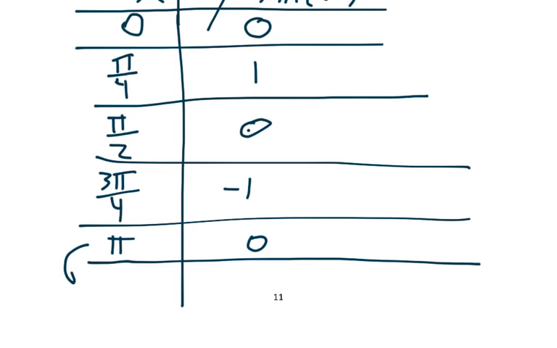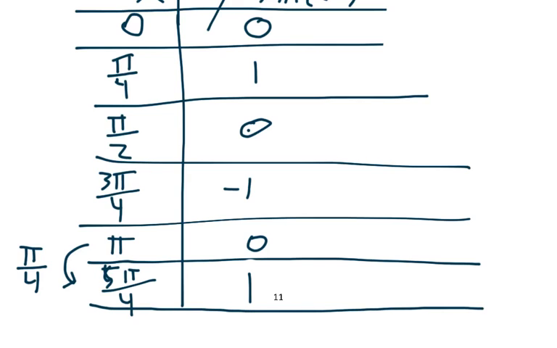So adding pi over 4, we're going to get 5 pi over 4. Now because of being periodic, at 5 pi over 4, we get the same as pi over 4, so we get 1, like so. Running out of room here, let me see if I can squeeze in one more.